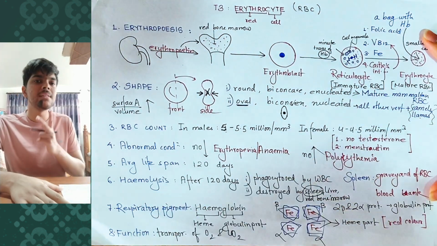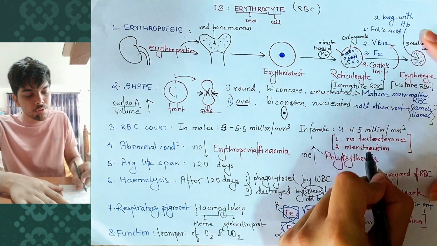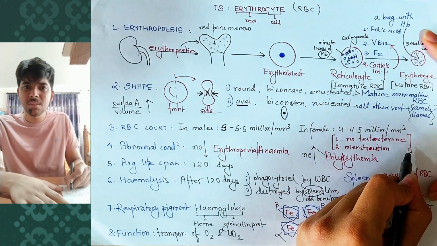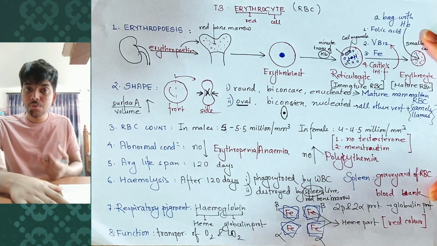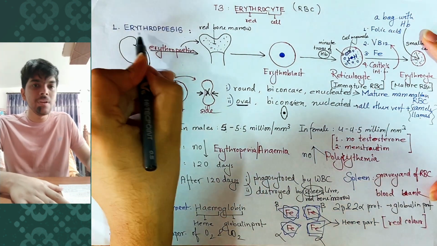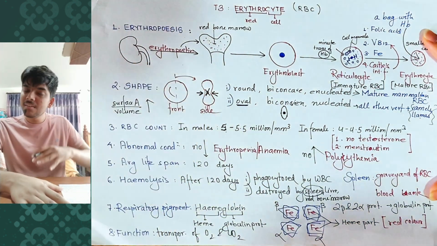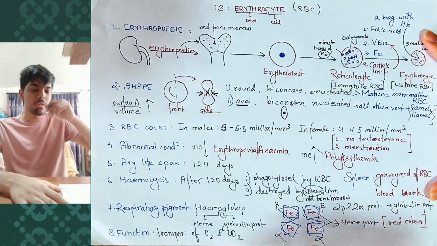There are two major reasons. Reason number one, inside females, there's no testosterone. What's the significance of testosterone? Inside males, there's testosterone, and testosterone is also responsible for the process of erythropoiesis. That is, higher the testosterone, more erythropoiesis and more red blood cells.